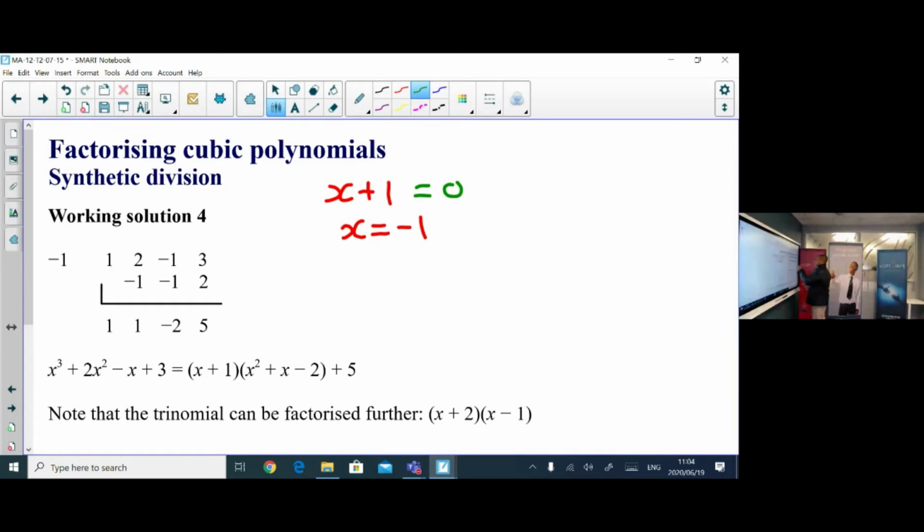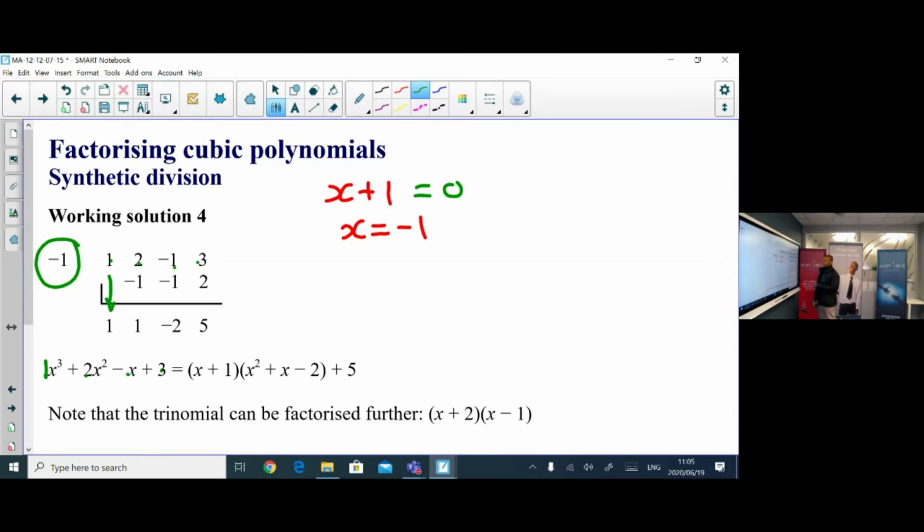So we take that minus 1 and we put it outside the division sign, and then we have the coefficients: there's 1 here, so you put the 1, the 2, the minus 1, the 3. Then from there we pull down this one as it is.